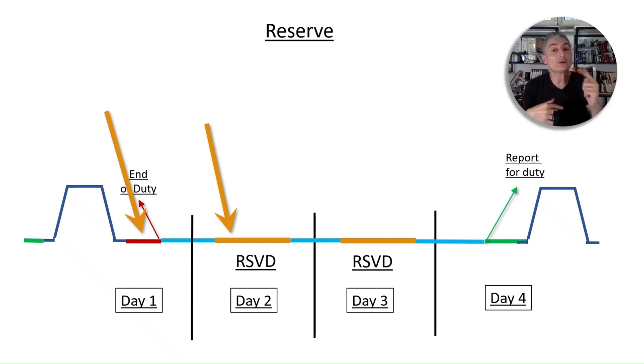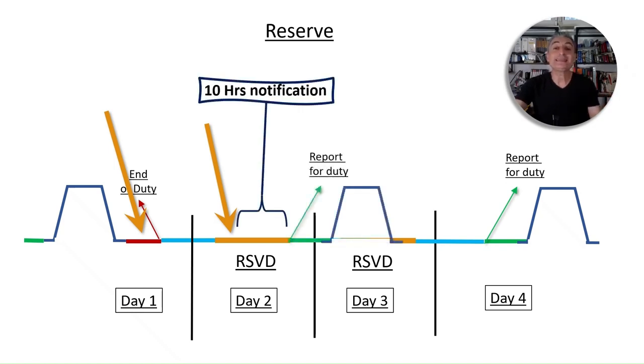So within 1 hour after the call, we need to be at the airport. In this case, instead, the notification period is 10 hours. Okay, so they can call us in that time frame, but the flights assigned have to have a reporting time of at least 10 hours, okay? Of course, following all the rules of minimum rest, off time, whatever it is.